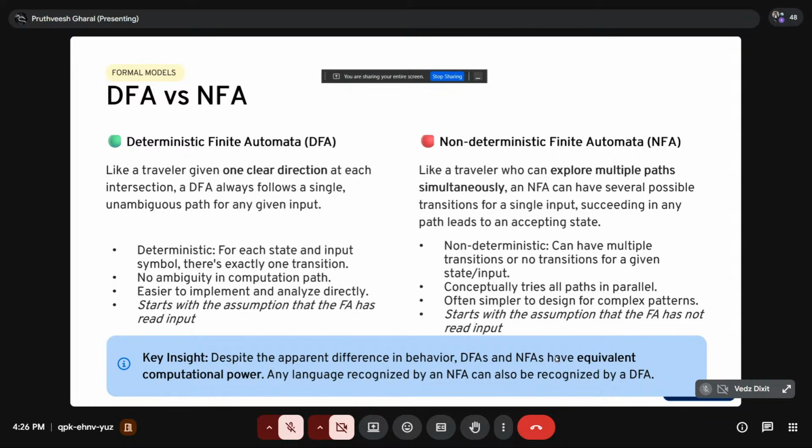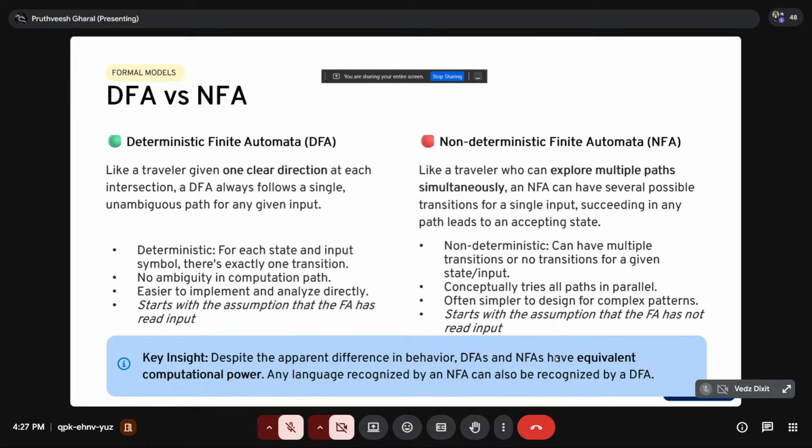Now let us distinguish between a deterministic and a non-deterministic finite automata. Can anybody tell me what is the difference between deterministic and non-deterministic? Deterministic is some event that we can predict, right?